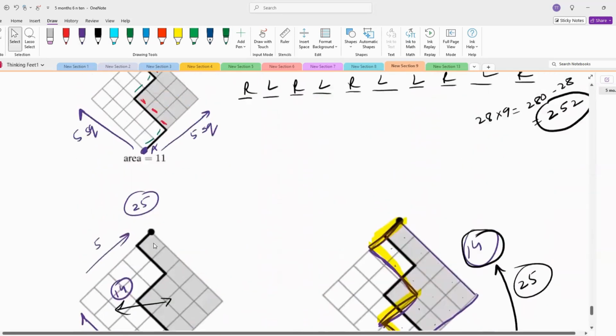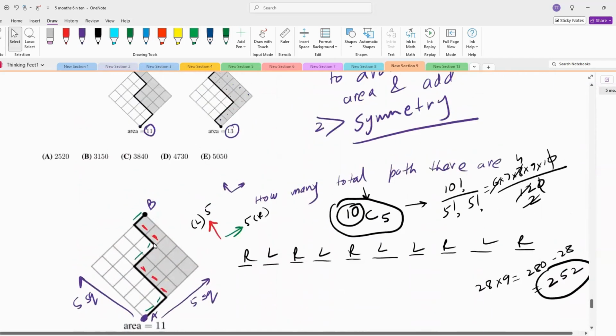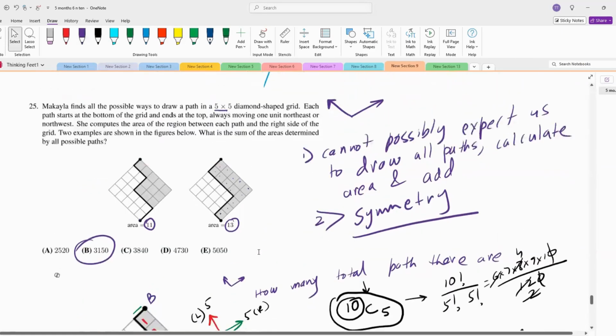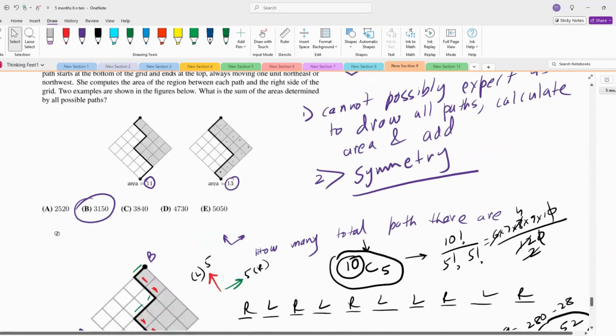It's a little bit of a challenging problem to visualize and see that, but what I suggest is, when you get a question like this, which at the onset seems complicated because our first gut reaction is, let's try to find all the paths, find the areas, and then add them together. It's going to be very long.